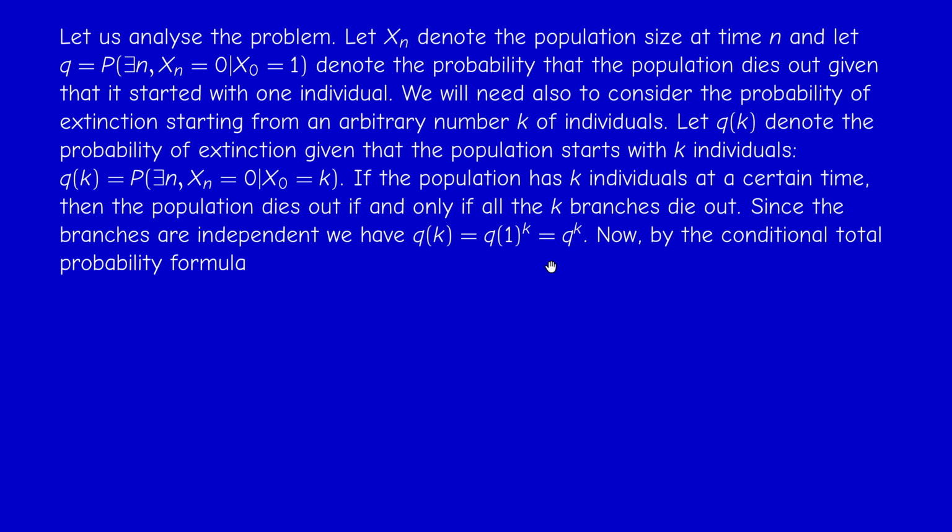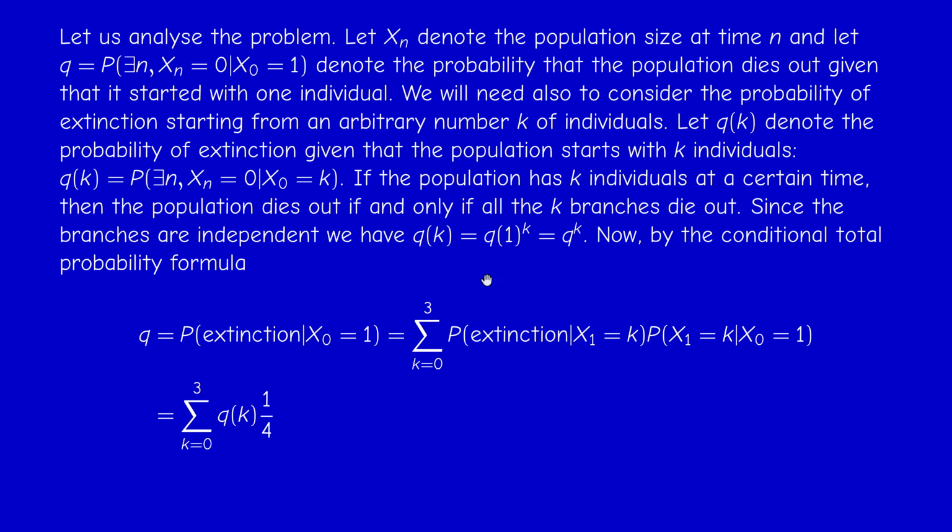And now we use the conditional total probability formula that we used several times. So Q is what, actually? We condition on the first transition. So Q is the sum over k of the probability of extinction, that is, there exists n such that xn equals 0, given that x1 equals k, times the probability that x1 equals k starting from 1.